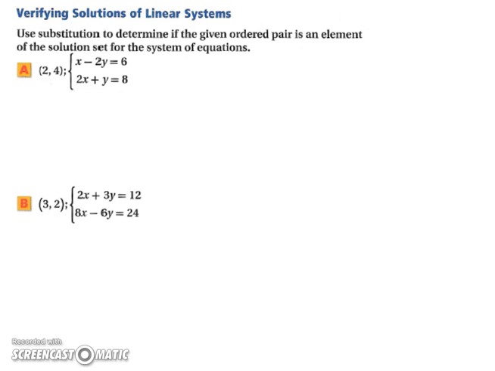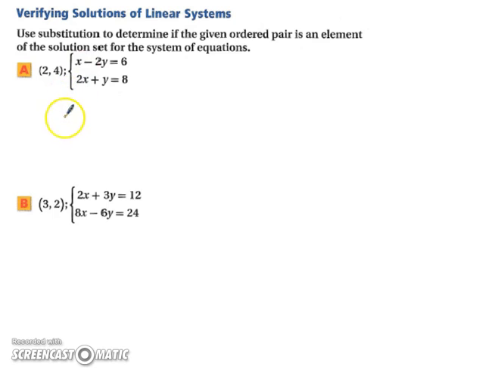Let's start with verifying solutions of linear systems. To do so, we're going to see if this solution is, in fact, a solution to this system. We have an xy coordinate, so we're going to substitute our x and y in.